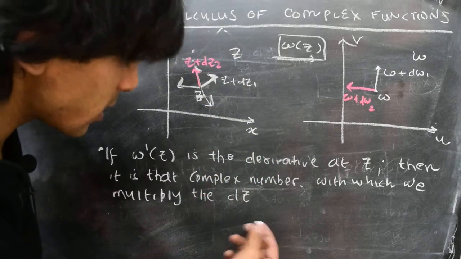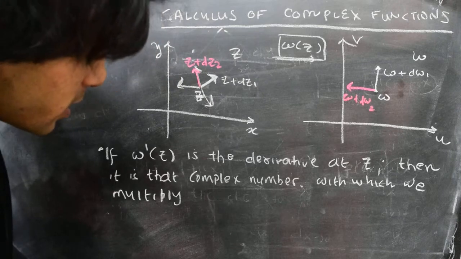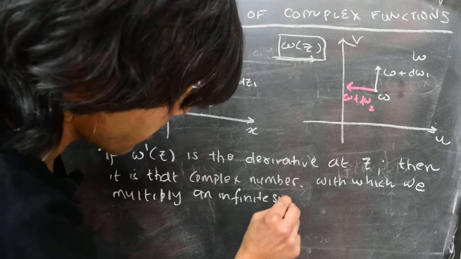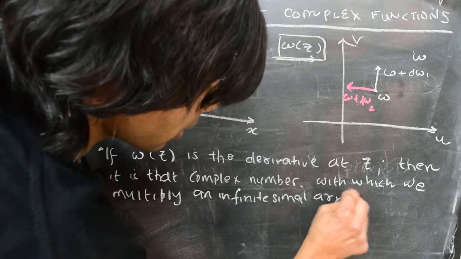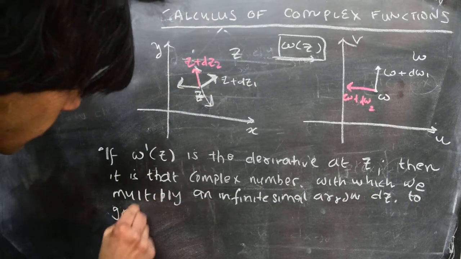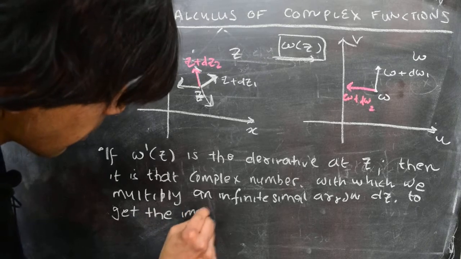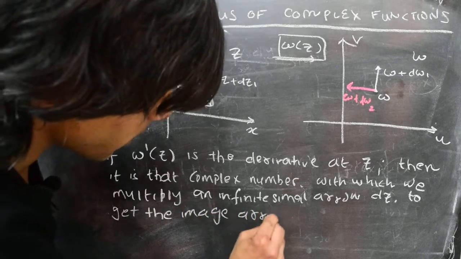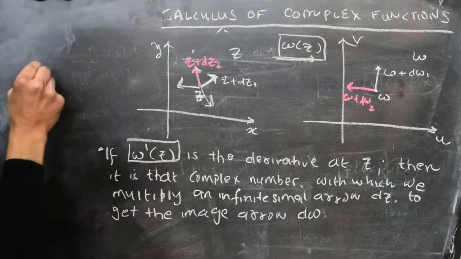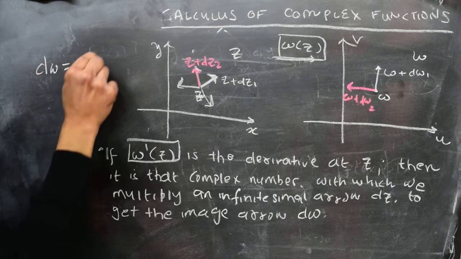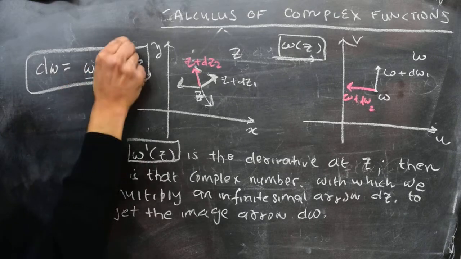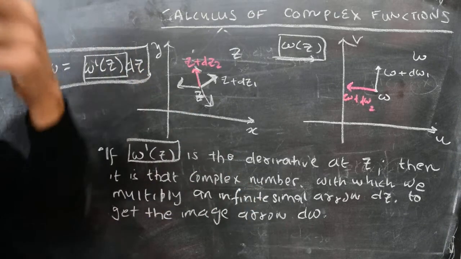We multiply an infinitesimal arrow dz to get the image arrow dw, or in other words, dw, the image arrow, is w'(z) times dz, and this w'(z) is the derivative of the complex function with respect to z.